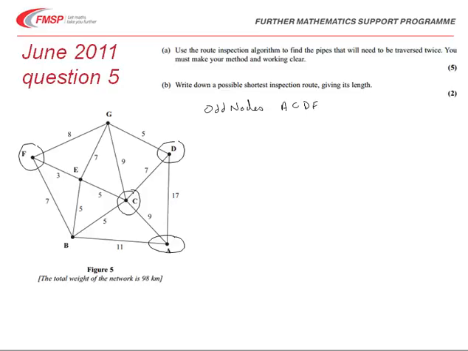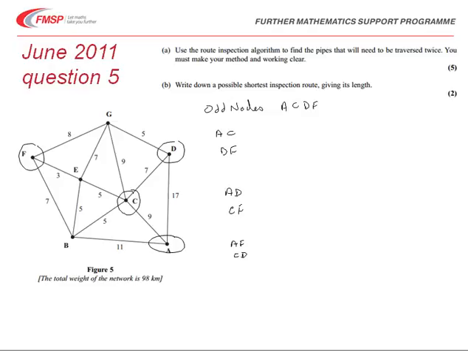So pairing these together, there are three possible pairings: AC together with DF, AD together with CF, and AF together with CD. And we need to look at the minimum distance between each of these.